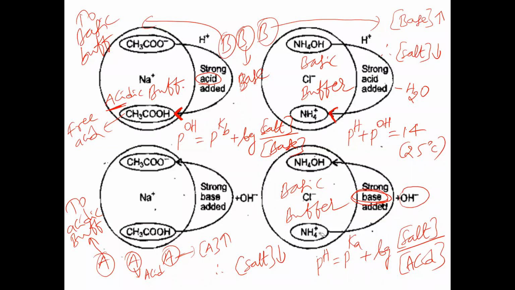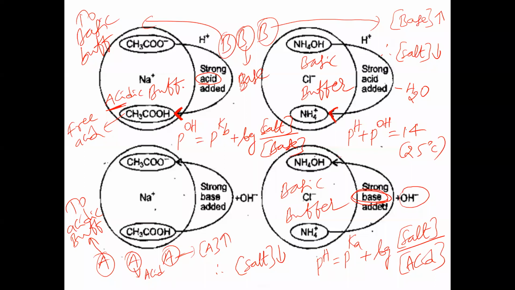This NH4 plus is the conjugate acid of this base. OH minus is a base, so the base will always combine with an acid. That's why the OH minus ions coming from the strong base will interact with NH4 plus.